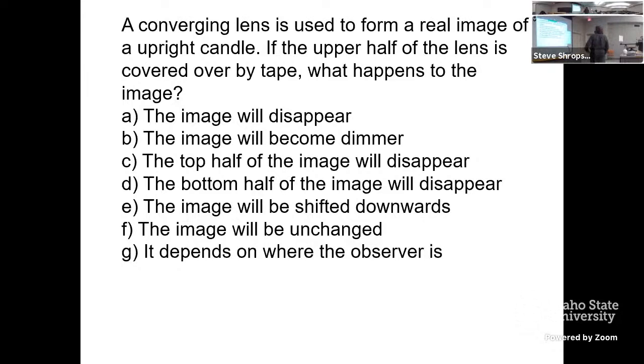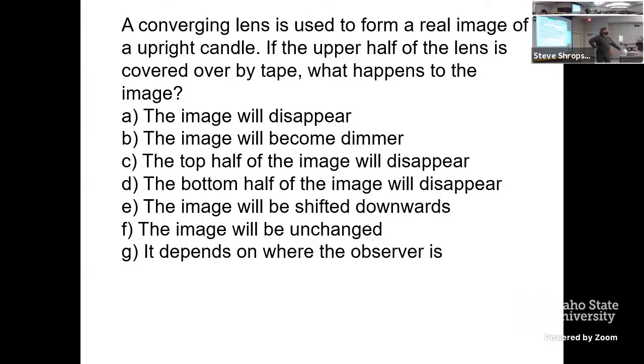Okay, can I get a volunteer to defend D, that in fact it is the bottom half of the image that will disappear? A volunteer for D? I could try. Good. So it's more of a guess, but just the way that the light is converging, I thought that it would also be flipping the image.